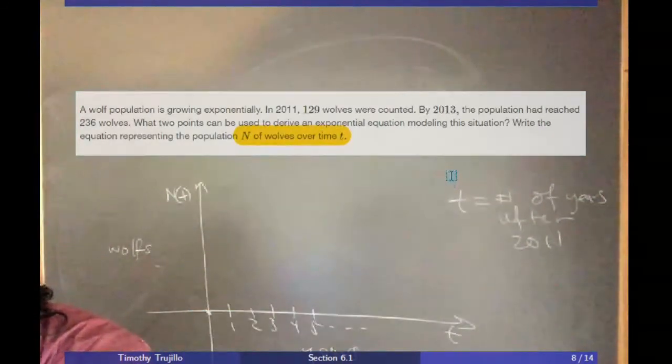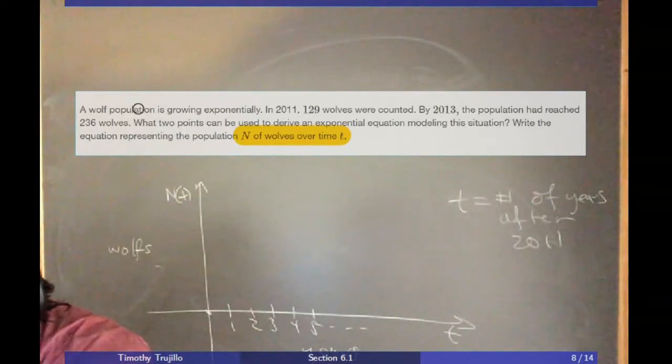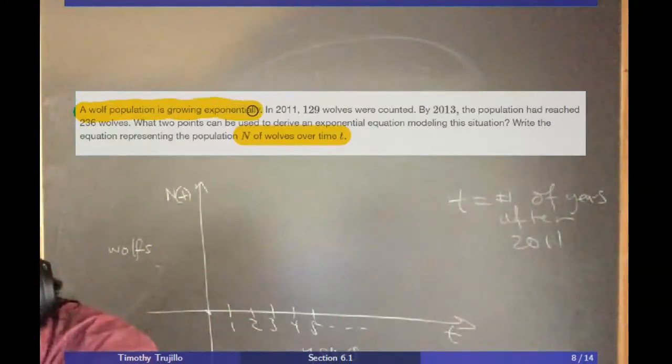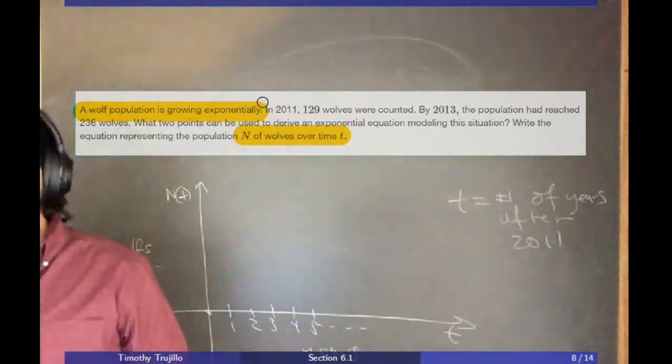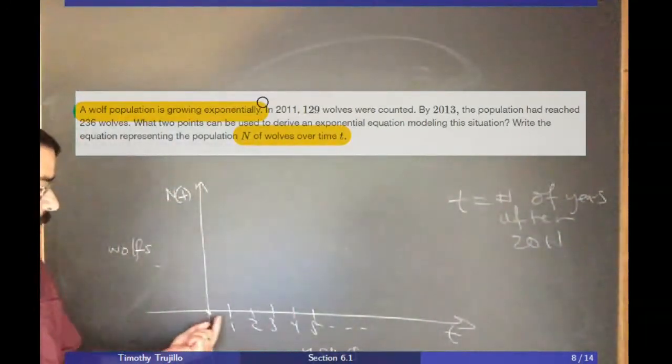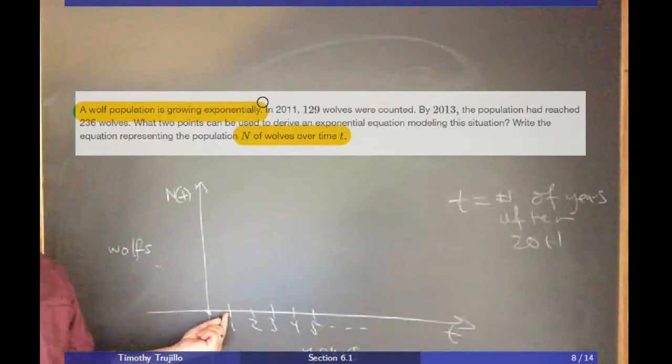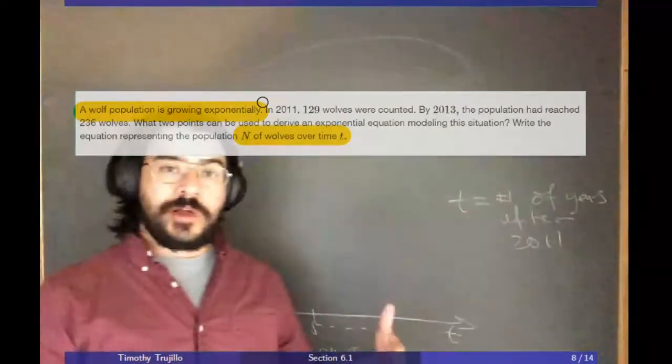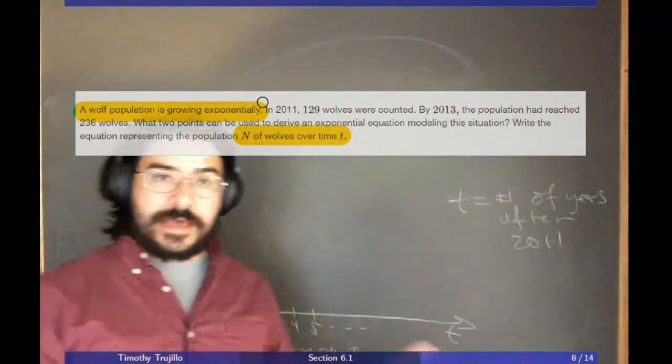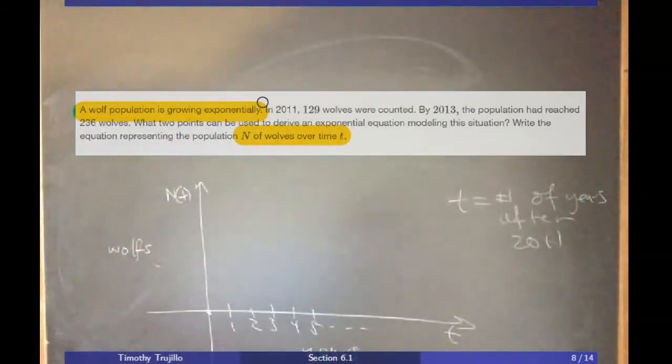So they're saying something like n of t. And the key feature they're telling us is right here at the very beginning, the population is growing exponentially. And what that means is that as time moves forward by 1 unit, the population grows by a multiplicative factor, right? Whatever that base is, and we have to determine what that value of b is.